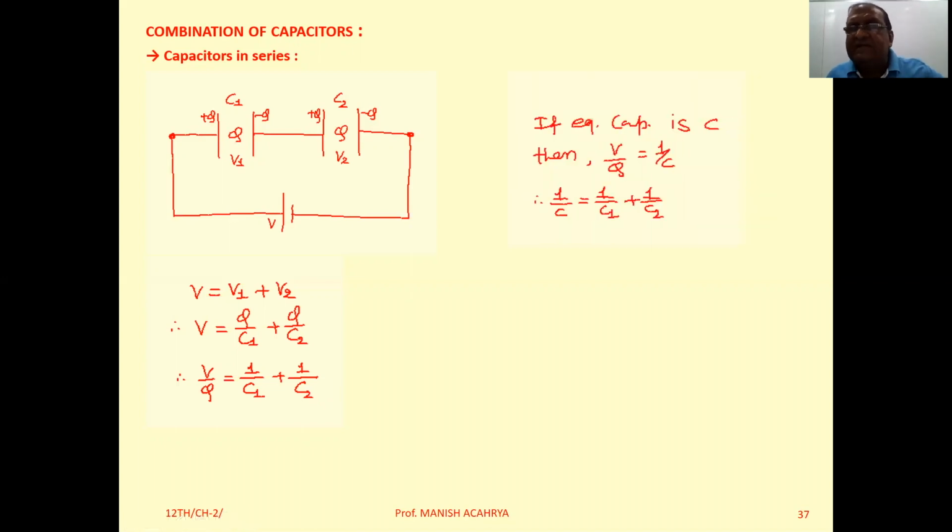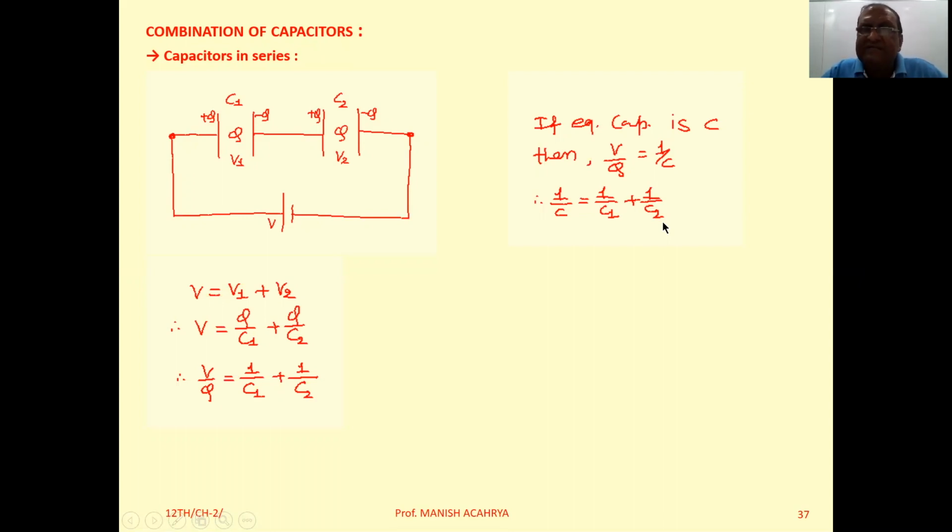Now, suppose the equivalent capacitance of this combination is C. Then C is Q by V, but here we have V by Q, so V by Q we can write as 1 upon C. Resultantly we get 1 upon C equal to 1 upon C1 plus 1 upon C2.